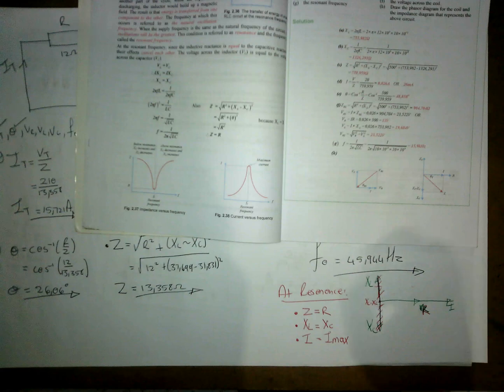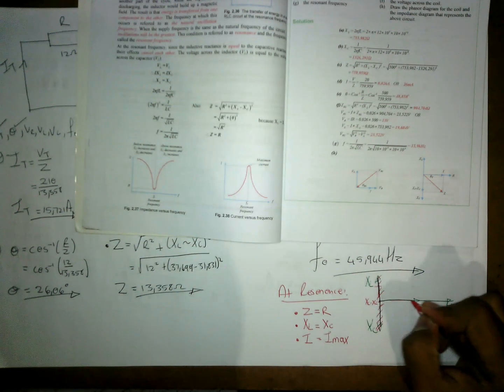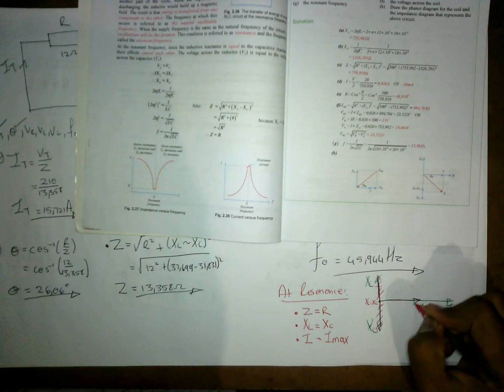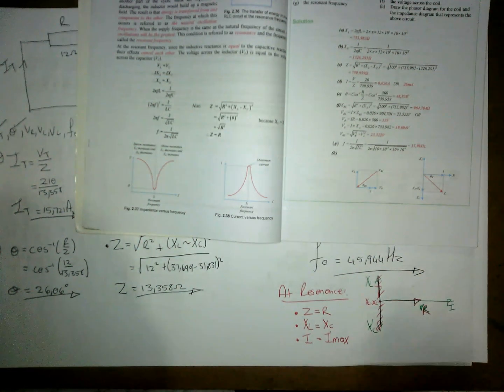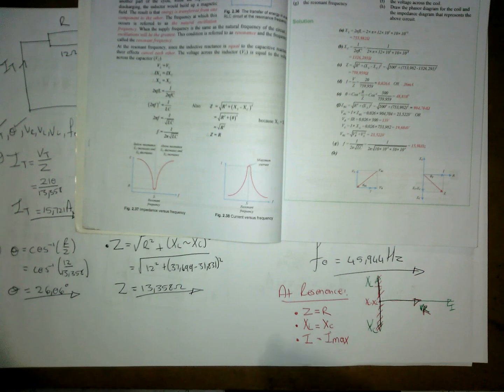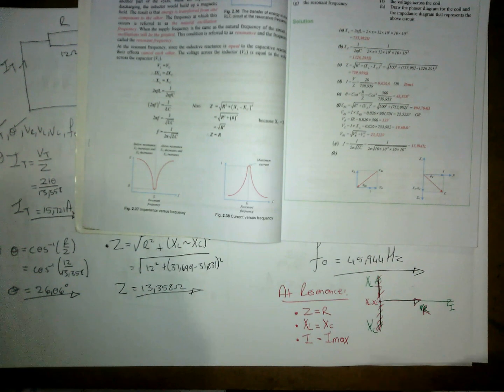That means my Z will also lay on this line. That is why Z equals R. It's just some small theory, not very important to know, but I just wanted you to understand where this is coming from, and what it actually means at resonance.